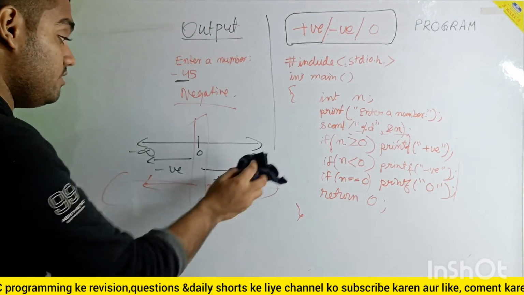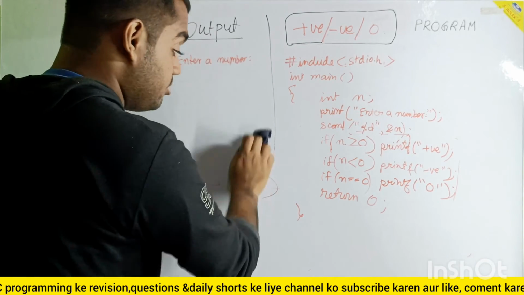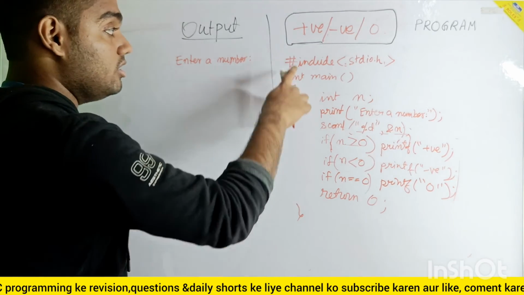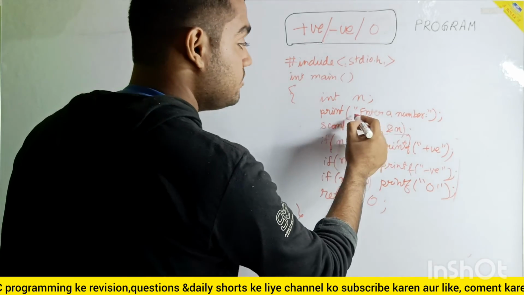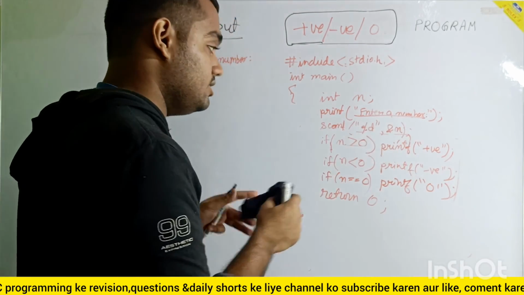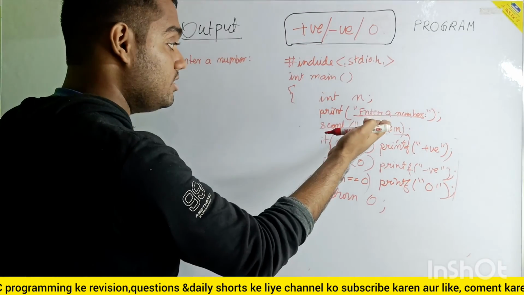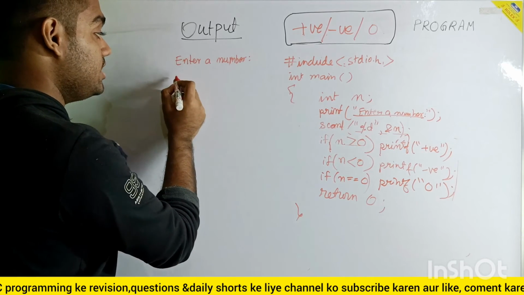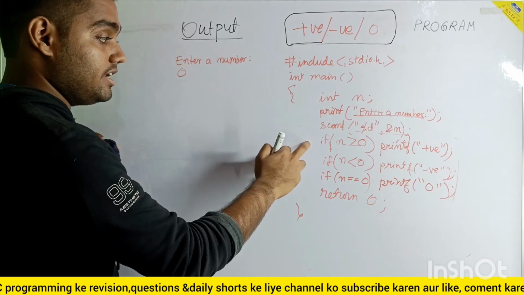Now what will happen? Let's check the output. Enter a number. How is the program getting executed? Enter a number is printed here. Then a number is entered. Let's say we write 0. Then the statements get executed.